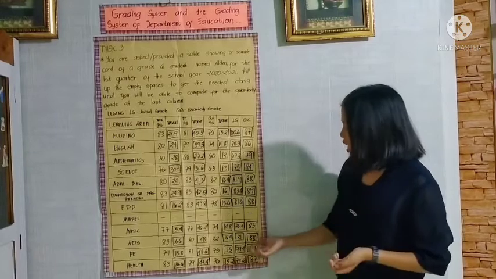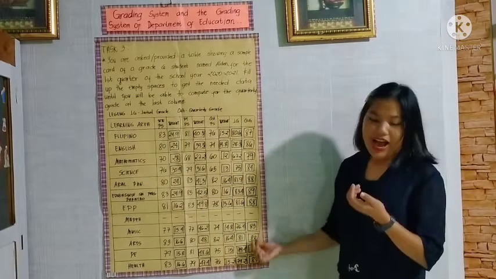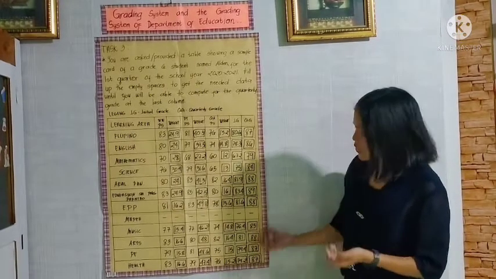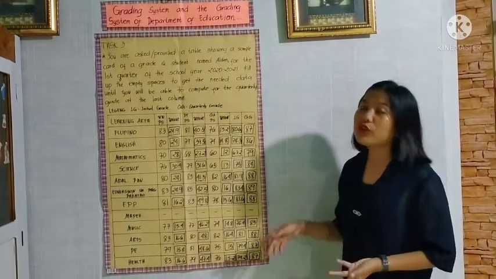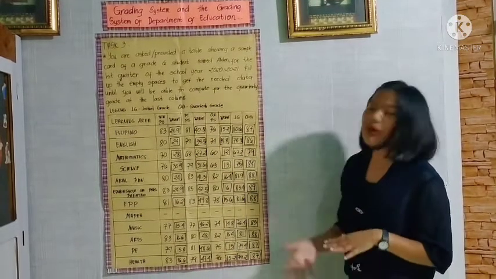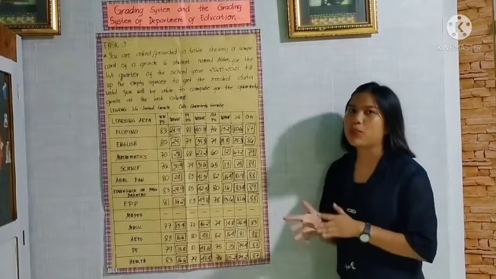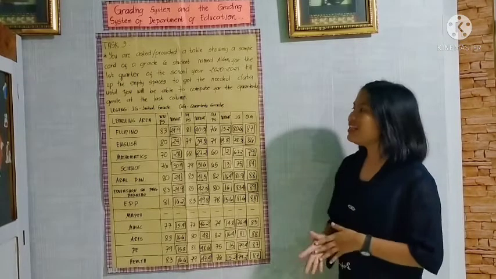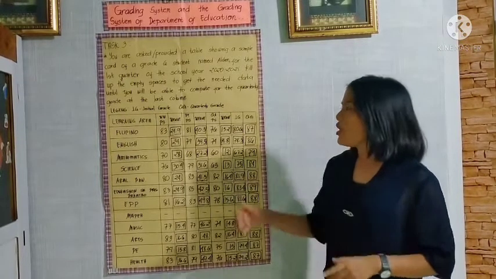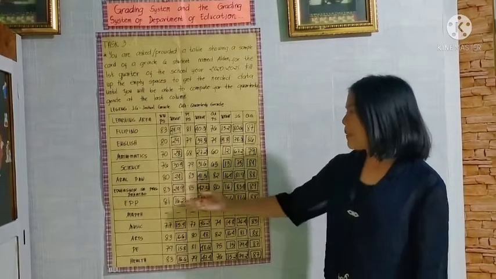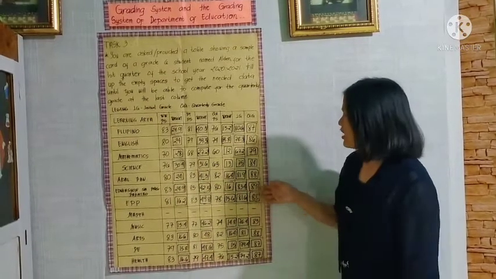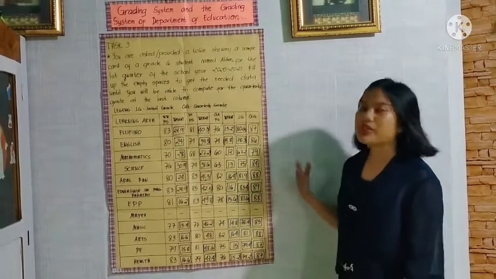So the total for this is 347. So the 347, we have to divide by 4. That's why we end up with 86.6. So Alden excels more in Edukasyon sa Pagpapakatao where he gets the highest grade, which is 89.